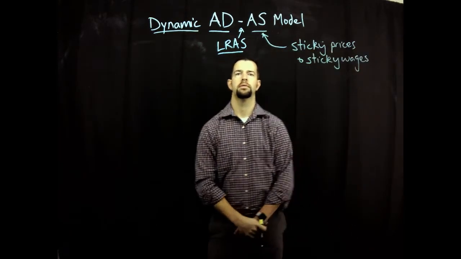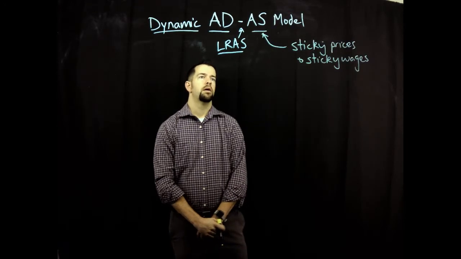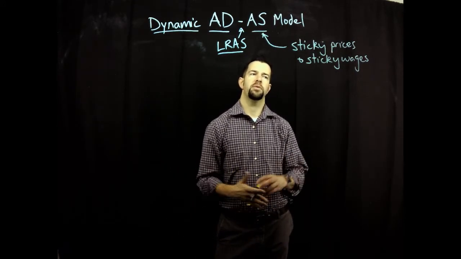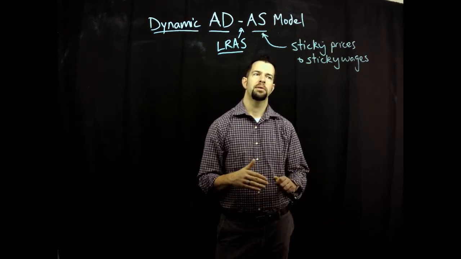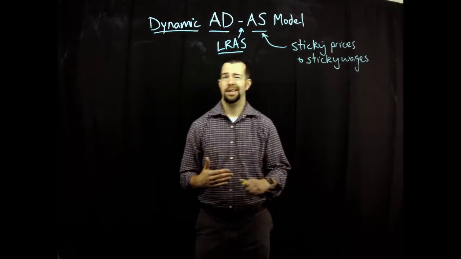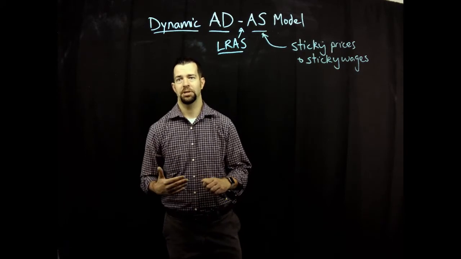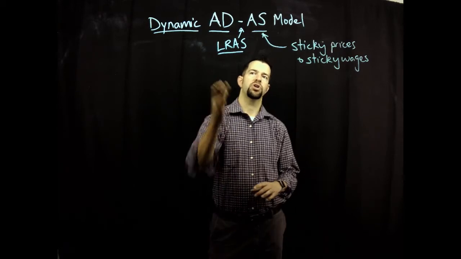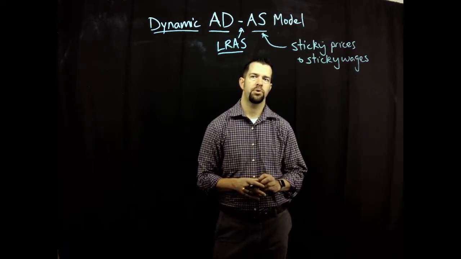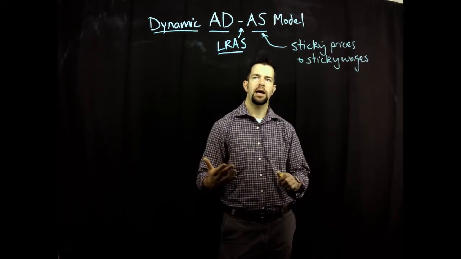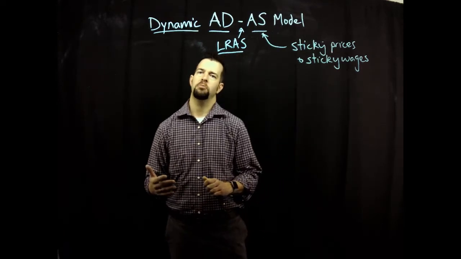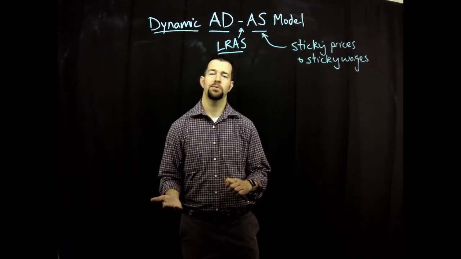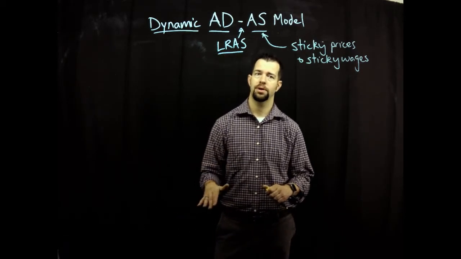Now, why is it sticky prices and sticky wages? Well, it also means that there is going to be some adaptation over time. We're going to have a shock to aggregate demand or a shock to long-run aggregate supply. In either case, those shocks affect the inflation rate, so the inflation rate will go up or go down.